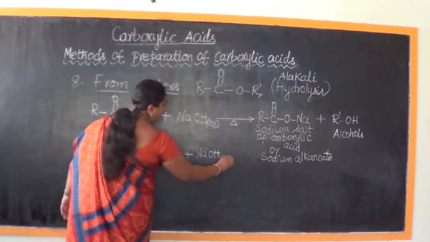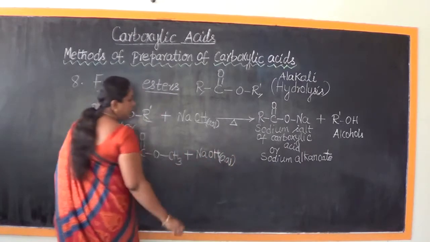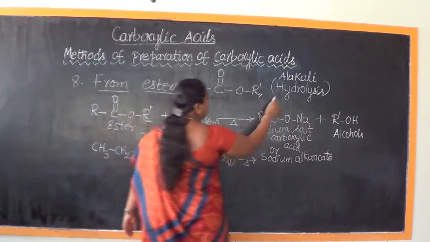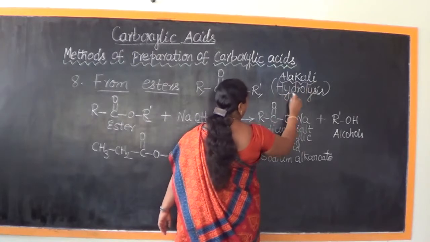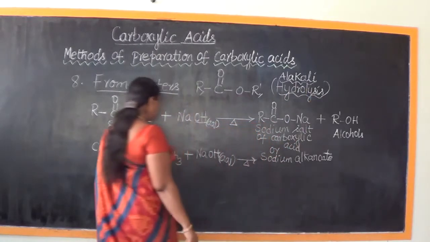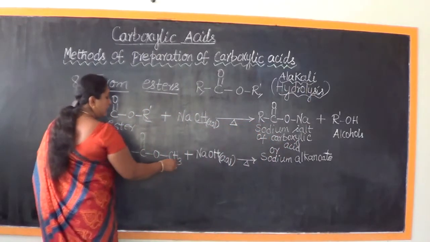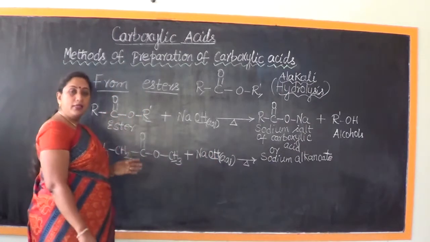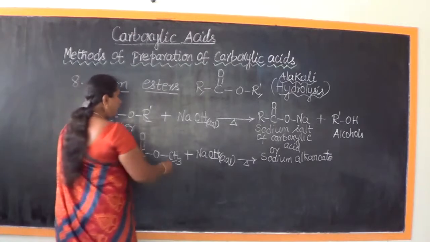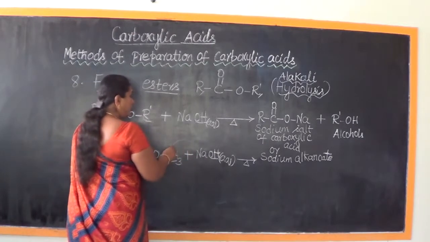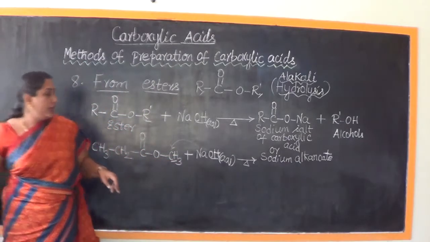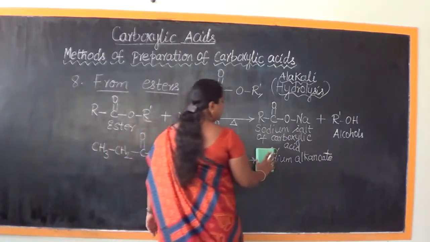Well, when treated with aqueous sodium hydroxide, that means we are subjecting it to the process of alkali hydrolysis. So now what's the product we are going to get? CH3 will combine with OH, goes out as CH3OH, and in the place of CH3, Na will take the attachment. So let me write the equation.